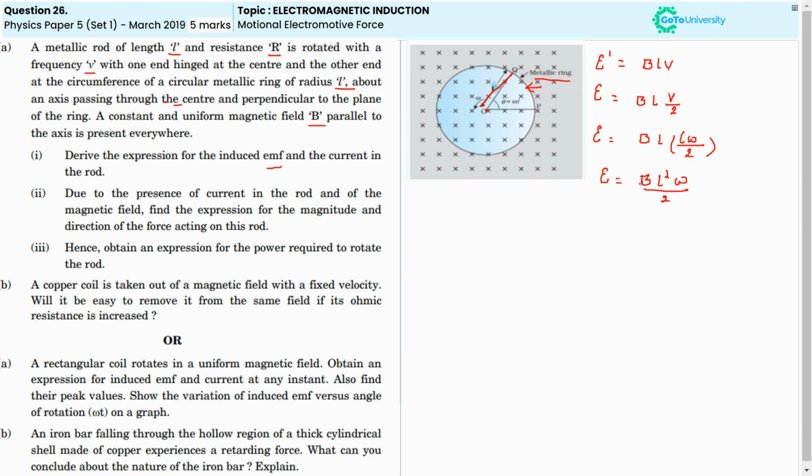This is the EMF and the current in the rod.